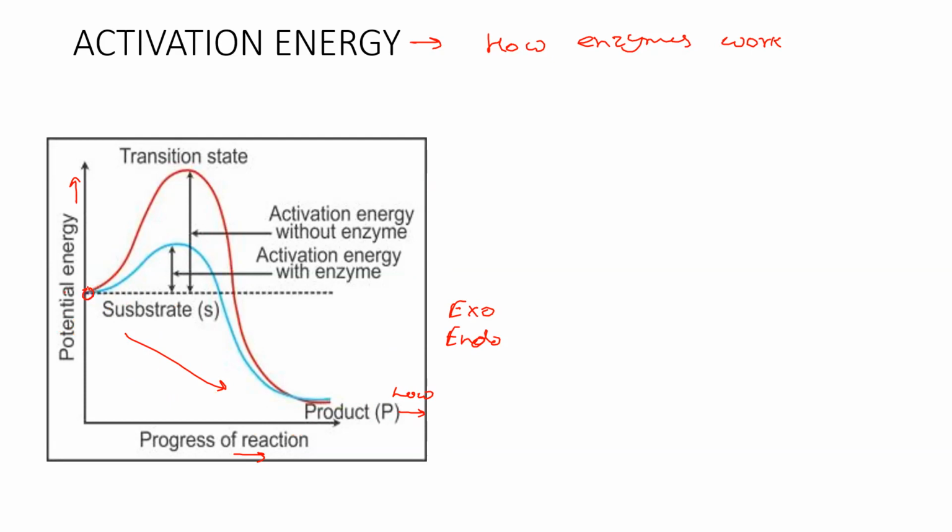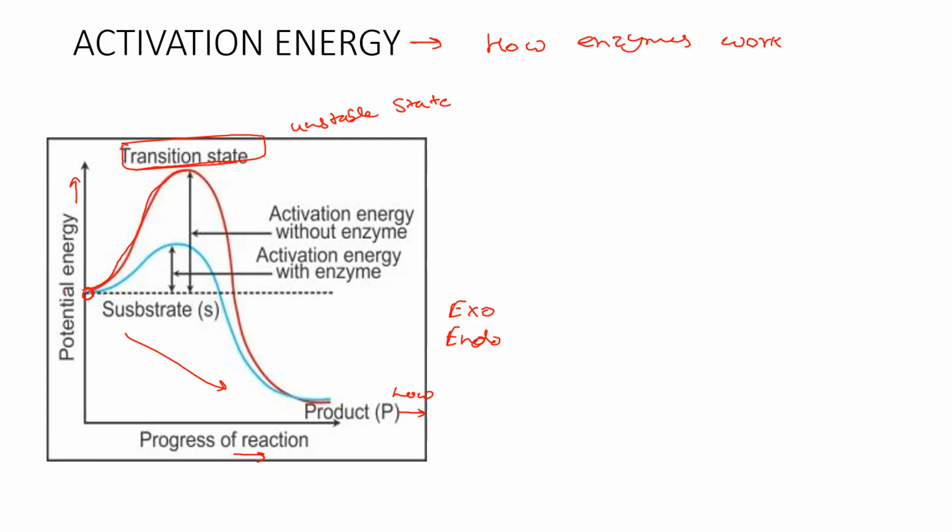So this is the substrate. The substrate will gain extra energy or free energy and reach the transition state. The transition state is an unstable state where the substrate is not yet converted into the product.